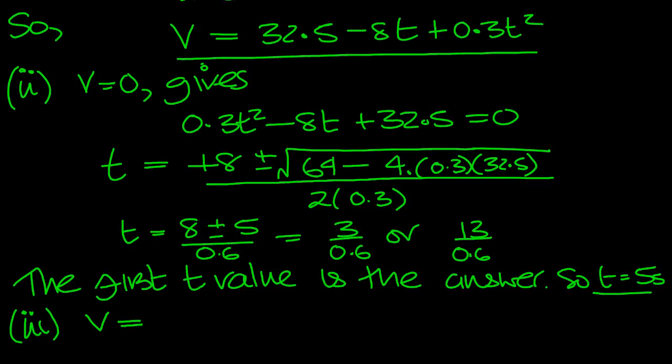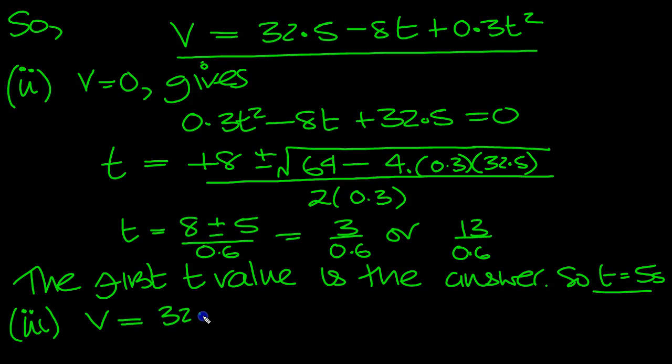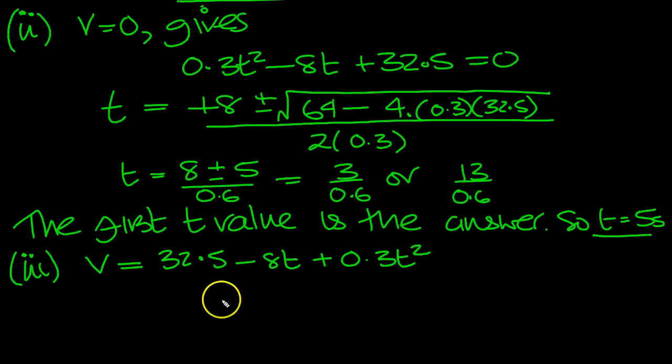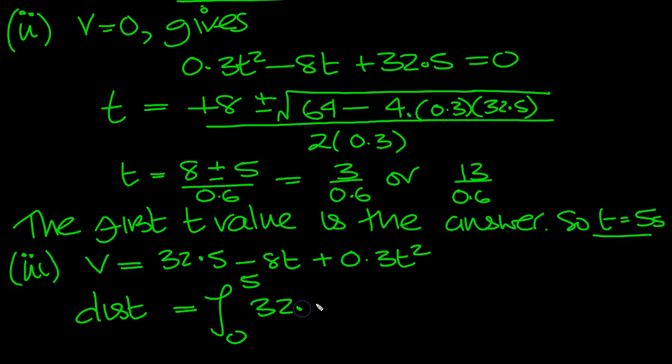So from the velocity time graph, v is equal to 32.5 minus 8t plus 0.3t squared. The distance will be the area under the curve of the velocity time graph between the time when it started to brake and when it stopped, 0 to 5 of this v dt.